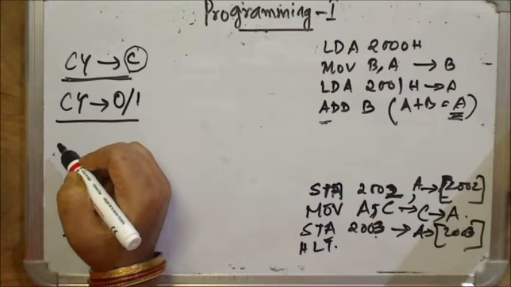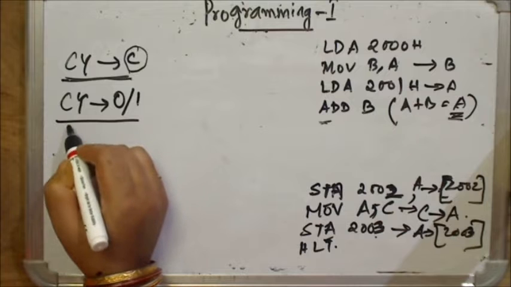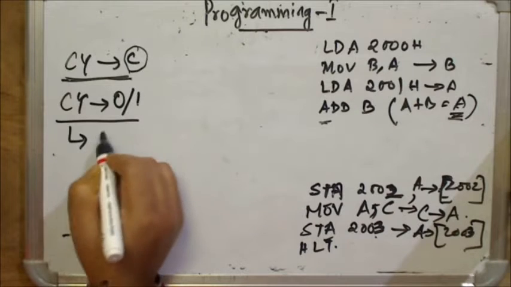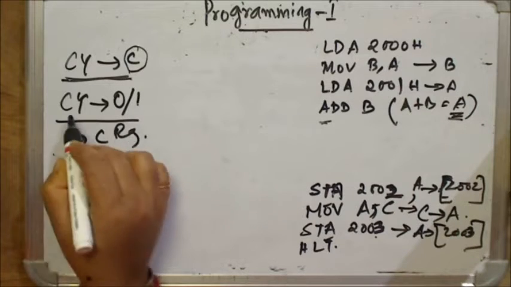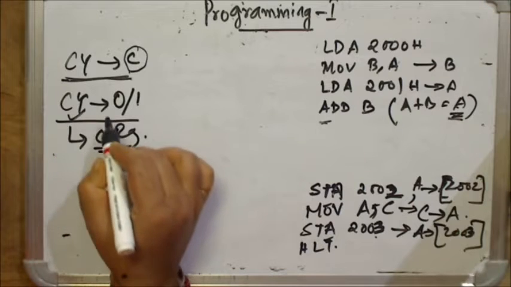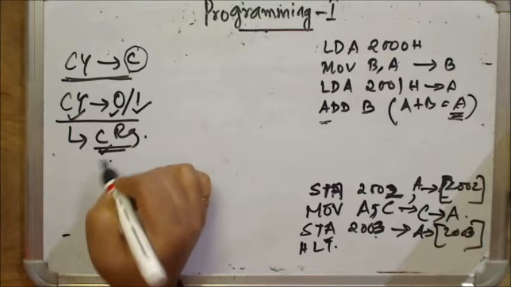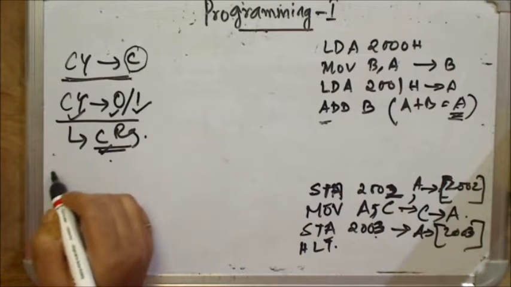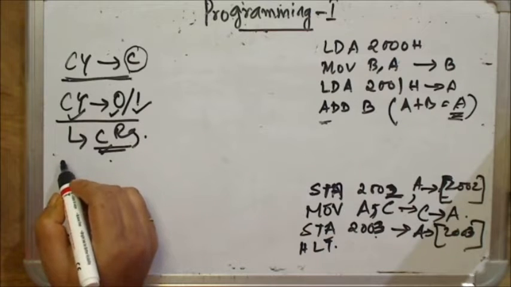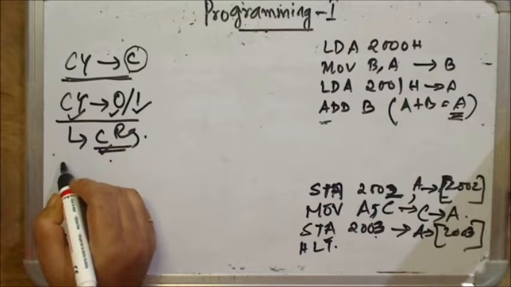So what we need to do is, from the carry flag, get the carry into C register. We have to get the carry status into C register. That is, if the carry flag is 0, we have to get 0 in C register, or if the carry flag is 1, we have to get 1 in C register. Now how to do this? Apply some logic. What is the logic?